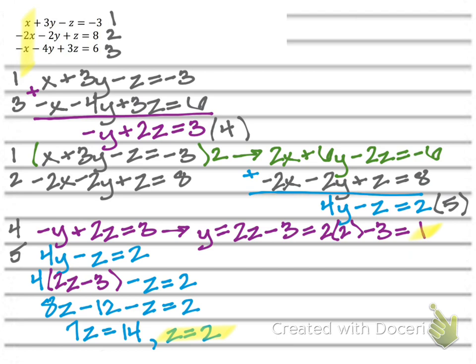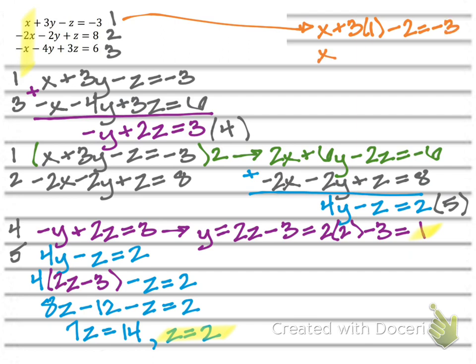And then to find x, I've got to go back up all the way to the top. I can use whichever equation I want. I'll just use the top one. So let's see. We're trying to find x. x plus 3 times y, which was 1, minus z, which is 2, equals negative 3.